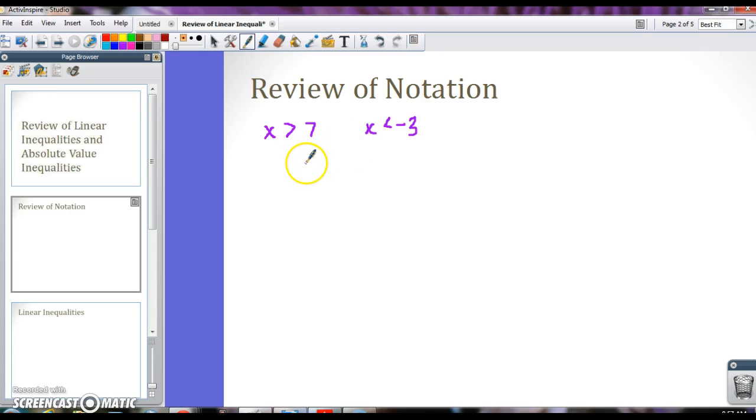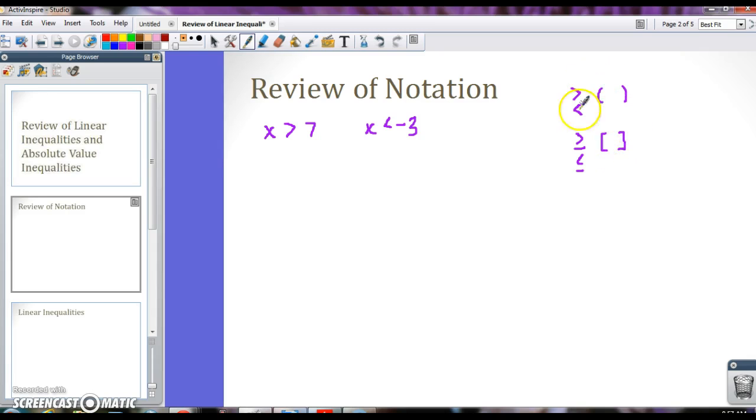The one type of notation that's really common, especially in higher level mathematics, would be interval notation. In interval notation, instead of using less than or greater than symbols, uses parentheses, and instead of using less than or equal to or greater than or equal to symbols, uses square brackets.